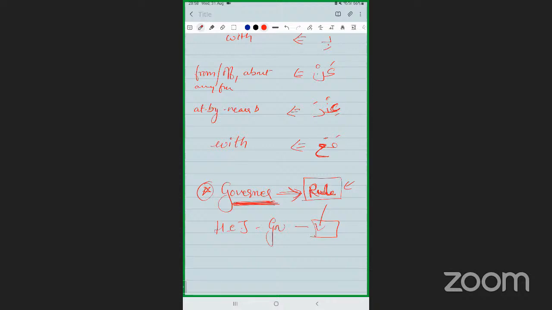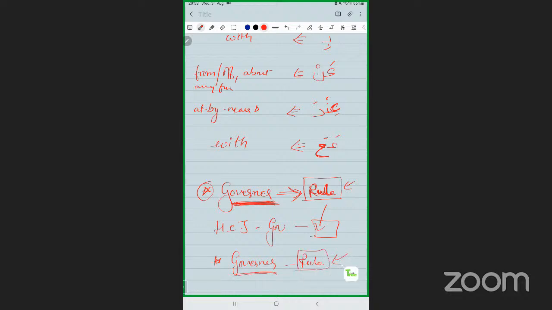Sir, can you please repeat? I just missed it. Sorry. See, this harf-e-jar, this ala, min, fi, li, bi, an, ma, these are governors. And normally in our daily life, we know that wherever the governor goes, his rule follows.